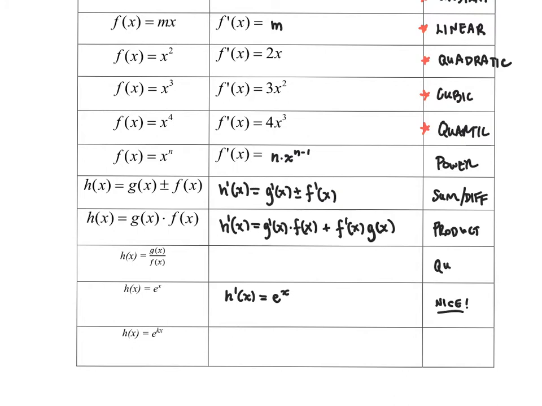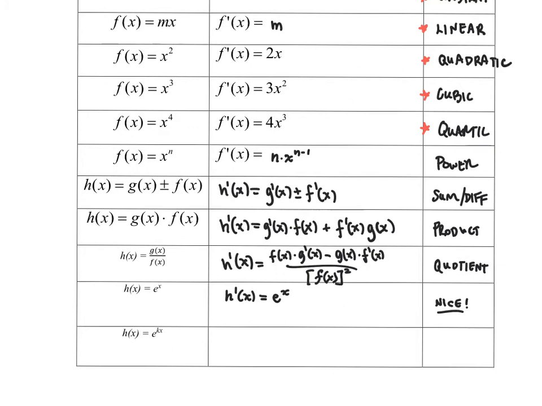Okay, the quotient rule. Quotient, of course, is math term for divide. So if I've got a rational function, the derivative of h of x is going to be f of x, which is the lower function or the denominator, times the derivative of the upper function minus the upper function times the derivative of the lower function or the denominator, divided by the denominator squared.